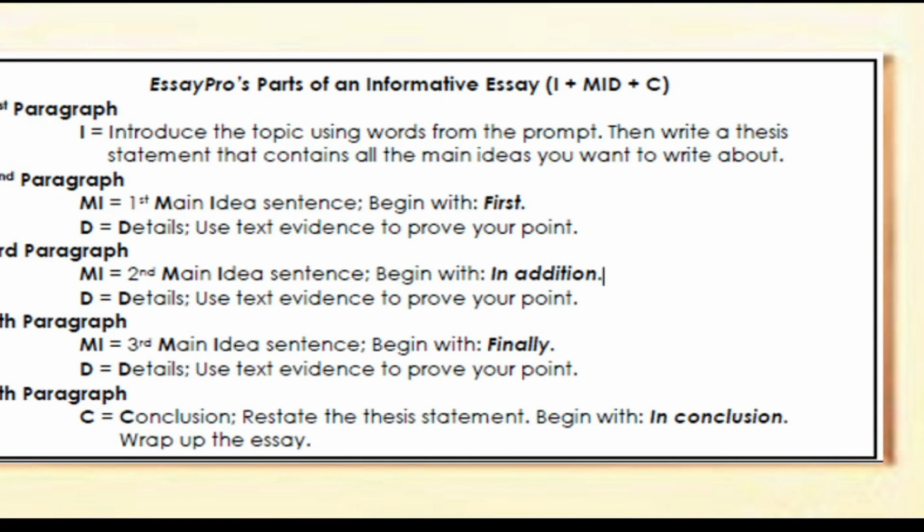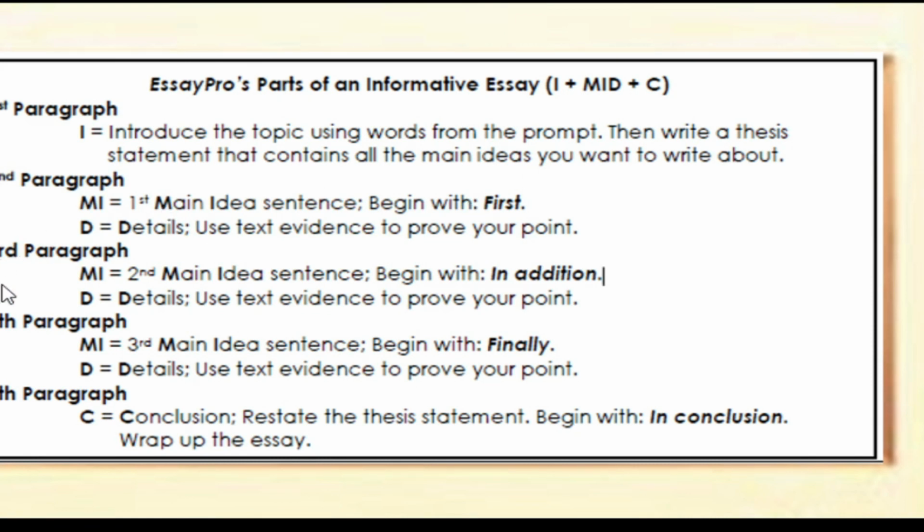So usually there are 5 paragraphs that compose an essay. The first paragraph is always the introduction. For the informative essay, you introduce the topic using words from the prompt. Then, write a thesis statement that contains all the main ideas you want to write about.